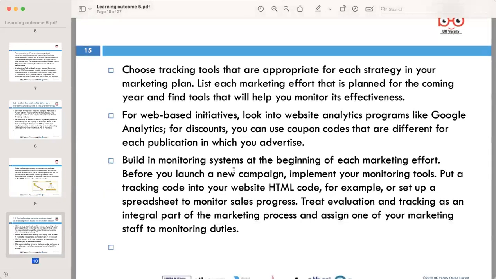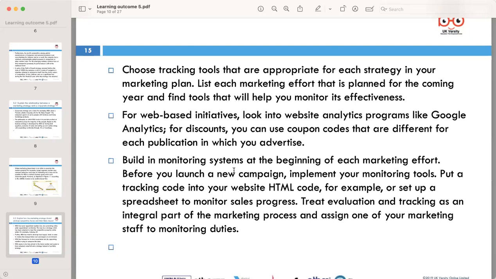So, selecting appropriate tracking tools for each marketing strategy is important for effective monitoring. Begin by listing all planned marketing efforts for the coming year, and then identify suitable tools to monitor their effectiveness.